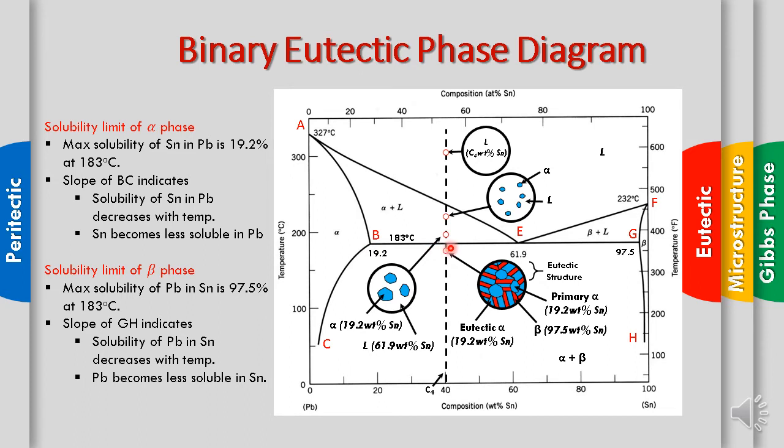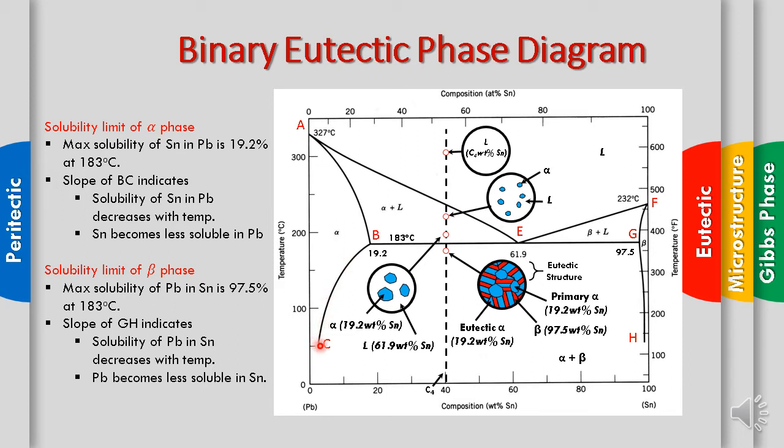This is the line at temperature 183 here, and the slope of BC shows the solubility of Sn in Pb decreasing with temperature. So the maximum is at 183, with the maximum composition of 19.2, and the Sn value decreases slowly as the temperature decreases.